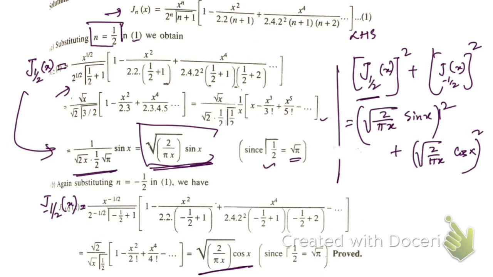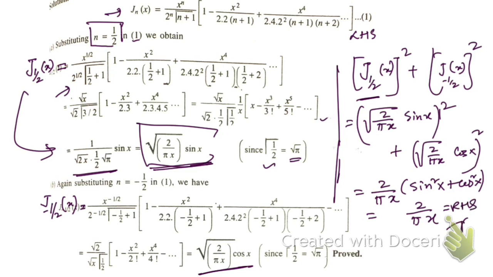Now squaring and adding, we're going to have 2 by pi x, and taking it common, sine square x plus cos square x, which is equal to 1. So this is our answer, 2 by pi x. This is the right hand side. Hence proved. So hope you have understood this. That's how we can prove this.